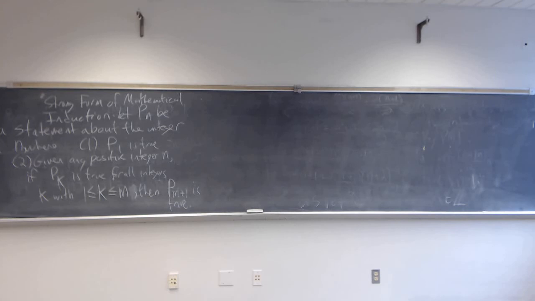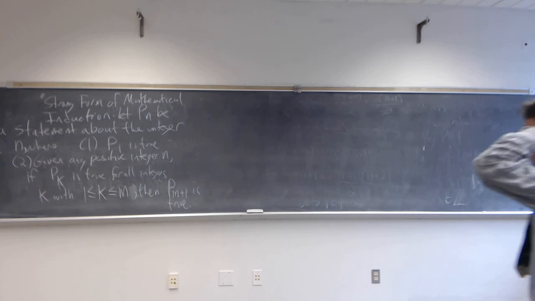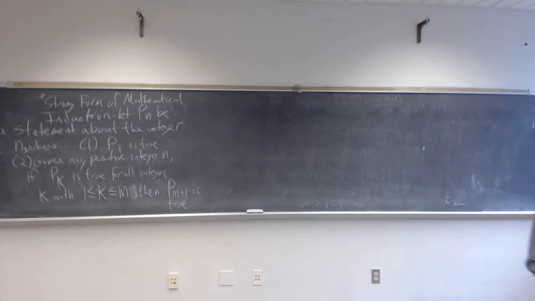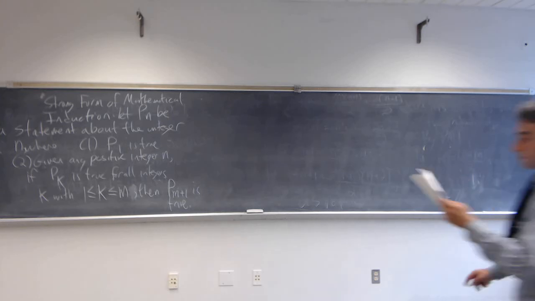So it's really the same idea as what I just erased, right? You have a statement that's true for all integers up to a point. If you have that, then you're able to conclude the next one is true. And so that's probably something we'll also alter in the lecture notes as well, just to make it consistent with this.